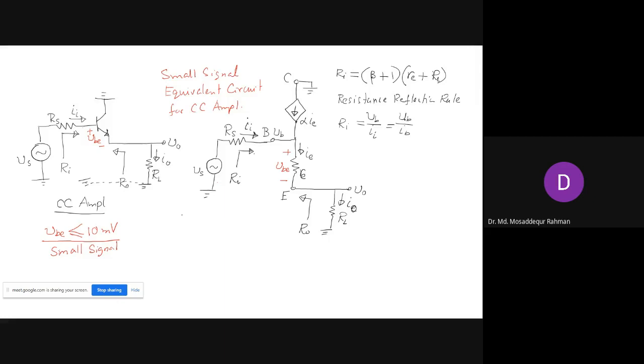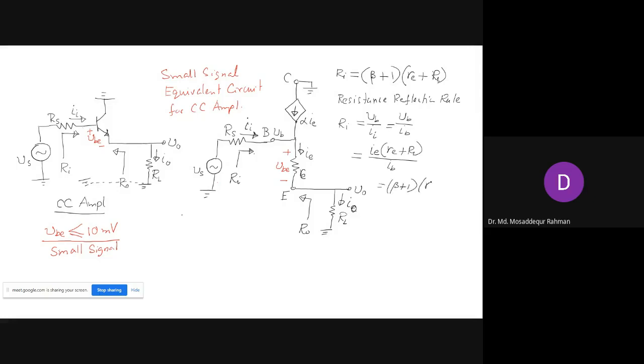Now you can write the expression for the base voltage, the voltage between base and ground. We have IE times RE plus RL, right? And that divided by IB, and IE by IB is beta plus 1.